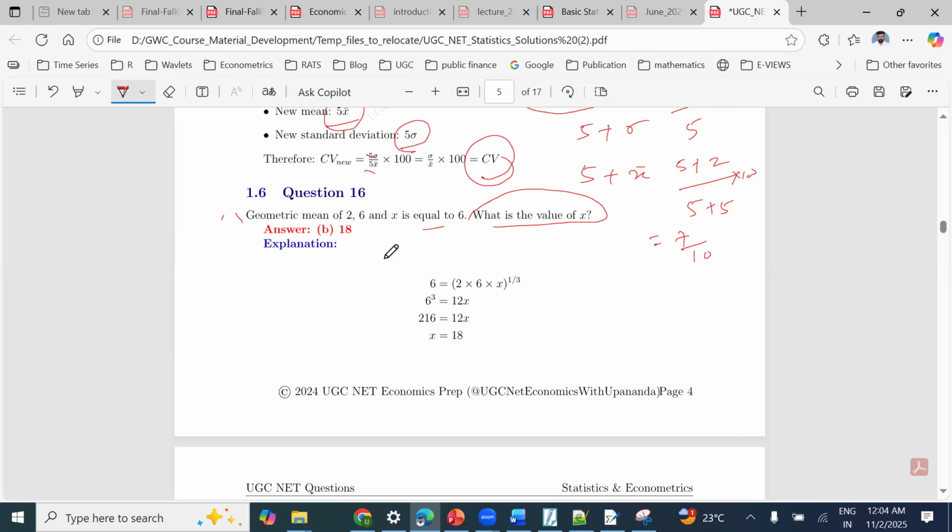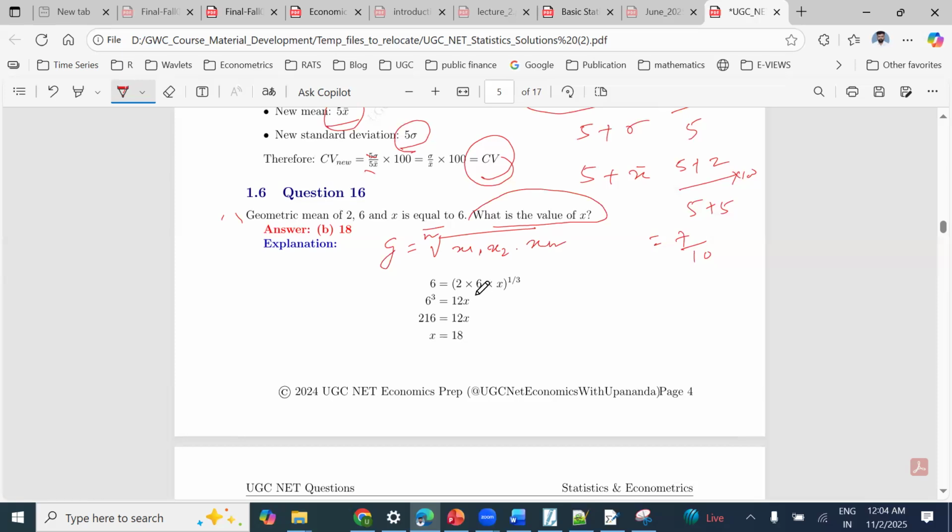Because we can write small g is equal to the nth root of x1 times x2 up to xn. So here 2, 6, x is already given. 2 into 6 into x, to the power, or you can take the cube root, is equal to 6.